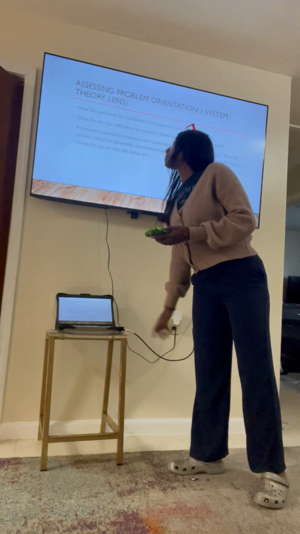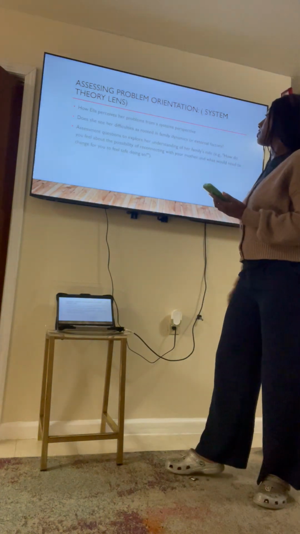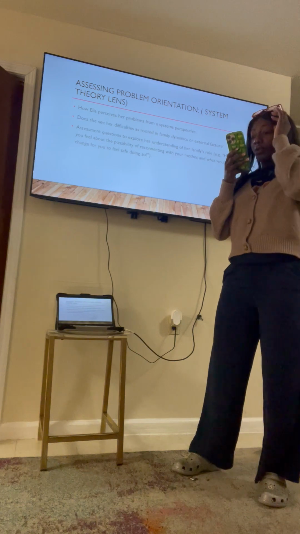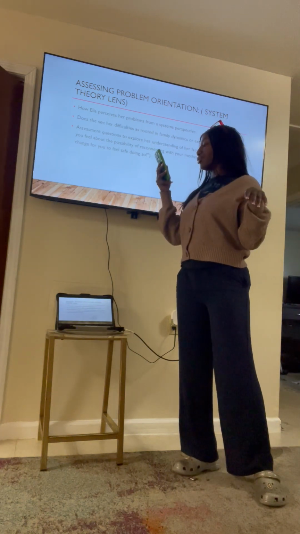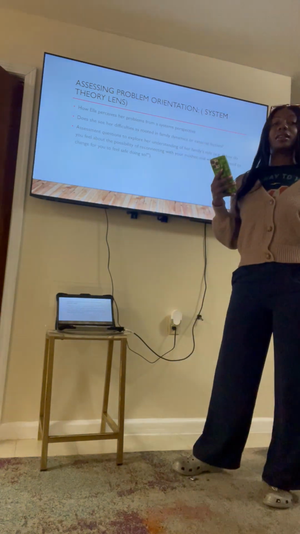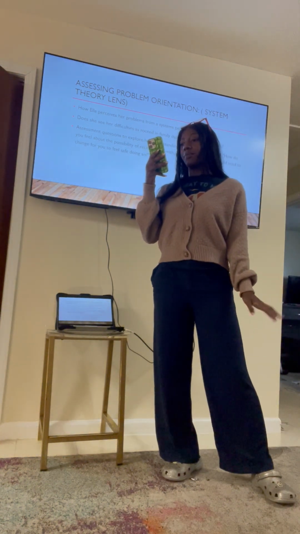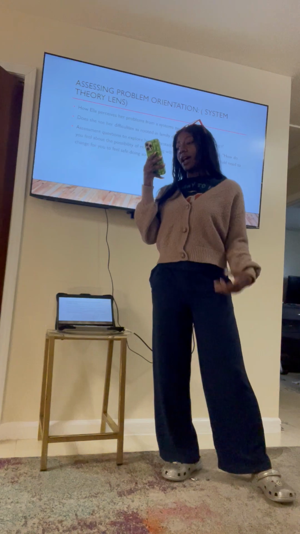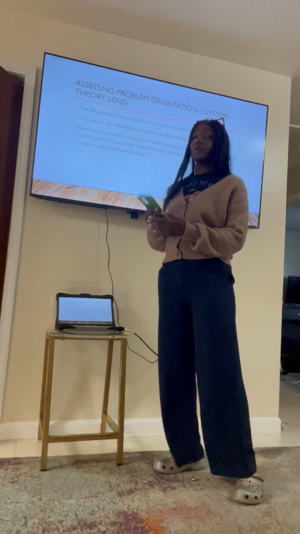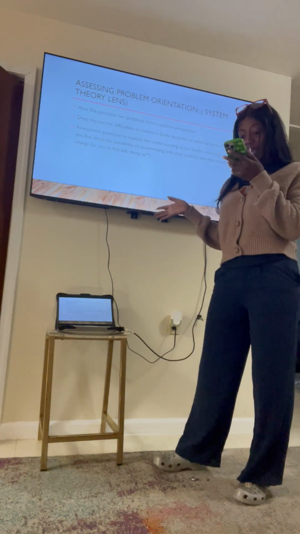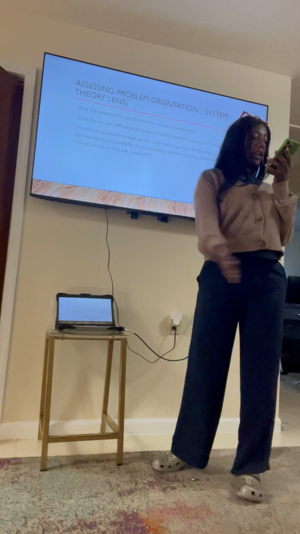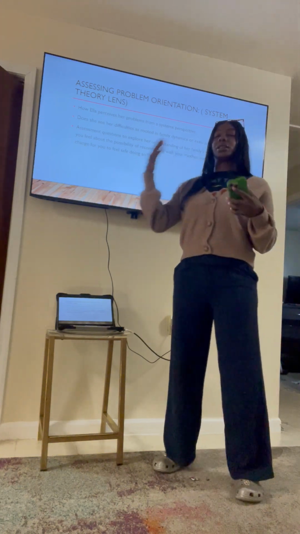Slide 4, assessing the problem. So we're going to assess Ella's problem. When applying the problem solving model to the Ella Schultz case, the first step is understanding the client's problem orientation, how they perceive their difficulties. Through the lens of systems theory, we will assess if Ella sees her problem as stemming from her family's dysfunction, from external factors like homelessness, or is it a combination?